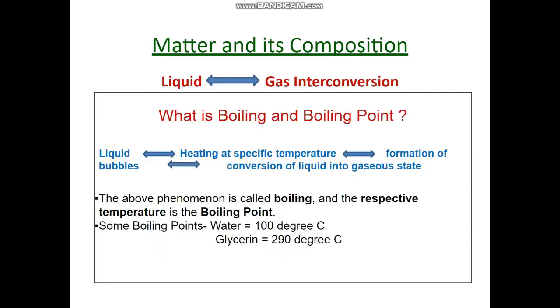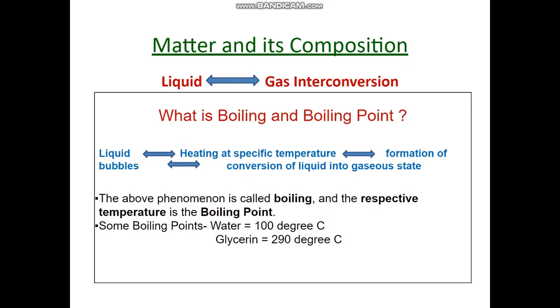Now children, we will take the second form of interconversion, that is liquid to gas interconversion and gas to liquid interconversion. Before taking these two questions, what is boiling and boiling point, I would like to give an easy explanation regarding liquid-gas interconversion.